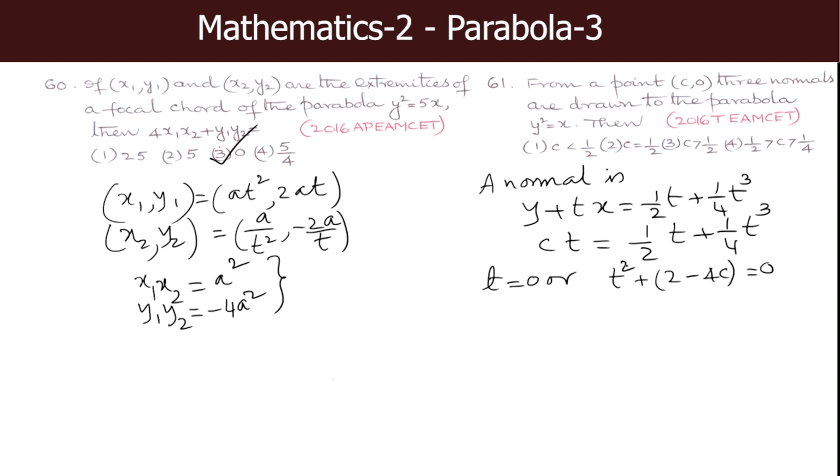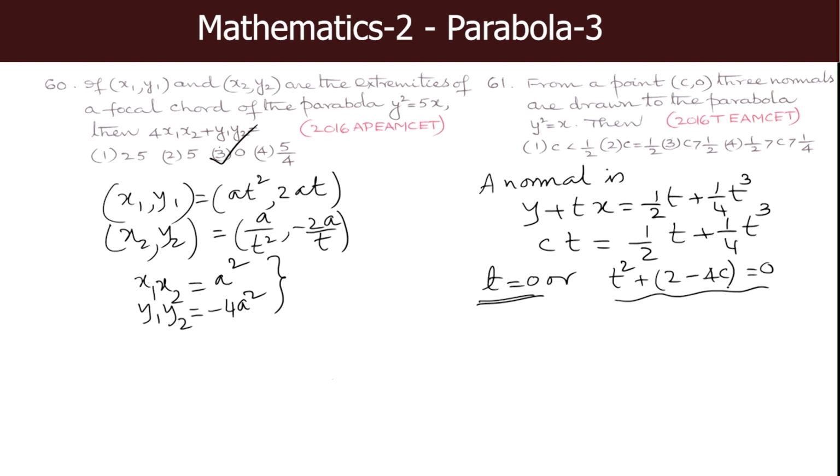If t not equal to 0, you can cancel t on both sides and write the equation as the quadratic in t, that is t square plus 2 minus 4C equal to 0. Now, because 3 normals are drawn to the parabola, one normal corresponds to t equal to 0, that is the axis of the parabola. The parameters of the points at which the 2 other normals pass through (C, 0) are given by this quadratic. This must give 2 distinct values for t.